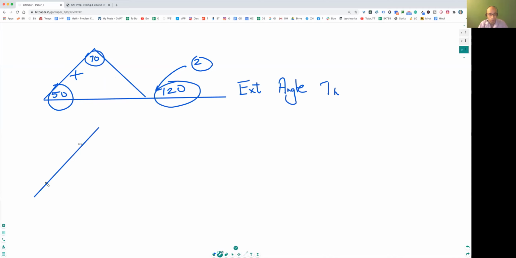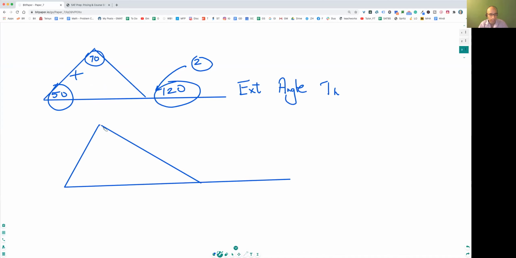So now, really quickly, can you tell me the measure of this exterior angle? Let's say this angle over here is 40, and this over here is 60. What do you think is the measure of this angle? Without even calculating, just a shortcut way. Nice, exactly right. Well done, Suraj.